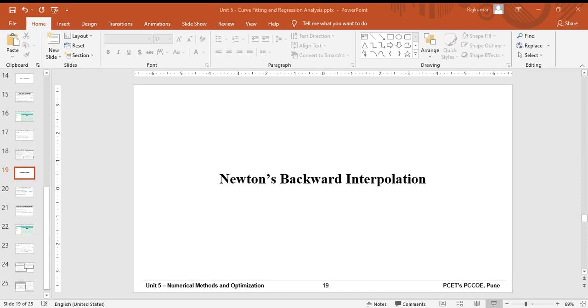So again, just like forward interpolation, you need to prepare the table, and then you can use the values from the table to solve the numerical. One important note is that this formula is used for interpolating the values of y near the end of a data set of tabulated values.